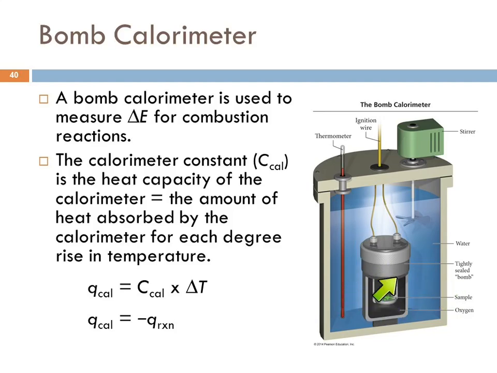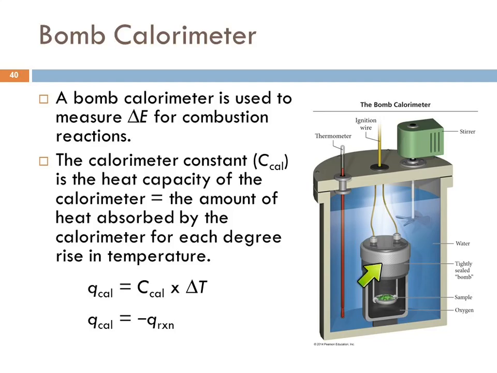A little bomb, and it's tightly sealed. Here's the sample in here, and there's oxygen, and so we can measure, for instance, the heat given off when a peanut burns. You've got oxygen in there, you've got ignition wires in there, and so this is really useful for combustion reactions. They're going to give off a lot of heat.